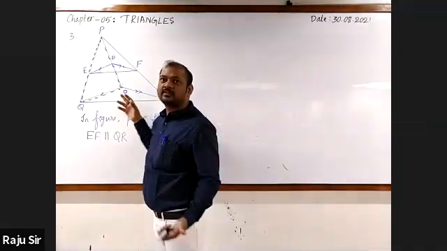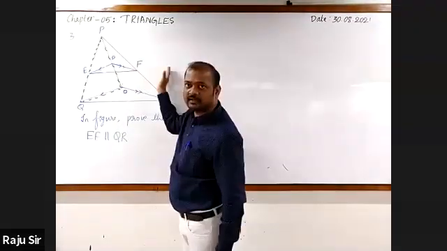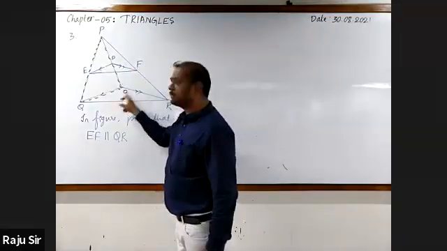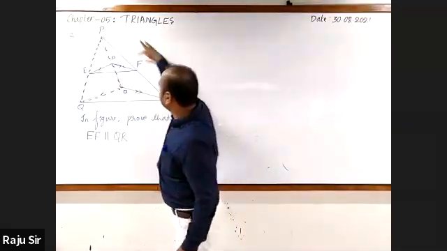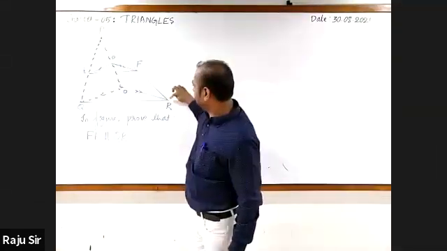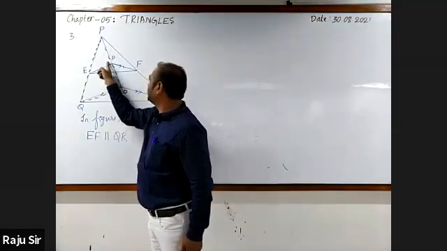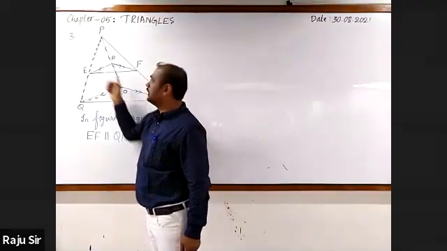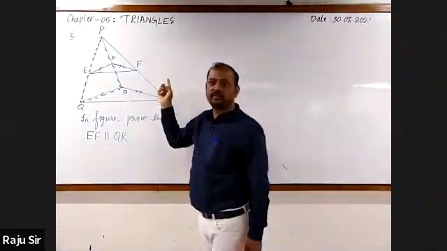Got it? Similarly, on this side, in the right side triangle, DF is parallel to OR. Therefore, PF by FR is equal to PD by DO. Both the ratios are equal to PD by DO. Hence, these two will be equal.